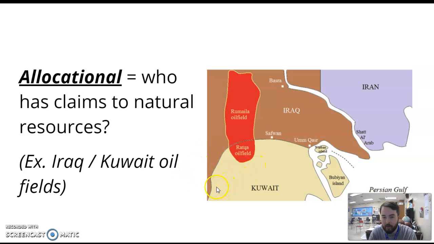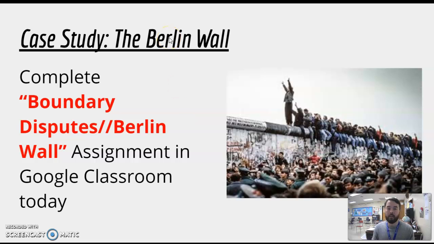If you look at our boundary between Iraq and Kuwait, this giant red blob is an oil field, and you'll see that it overlaps over this boundary. So there have been disputes over who gets to own this oil field, because as you see, the vast majority of the oil field belongs in Iraq and then a small amount in Kuwait. So who gets claims to that oil? Who gets to take that oil out of the ground? That's an allocational dispute.